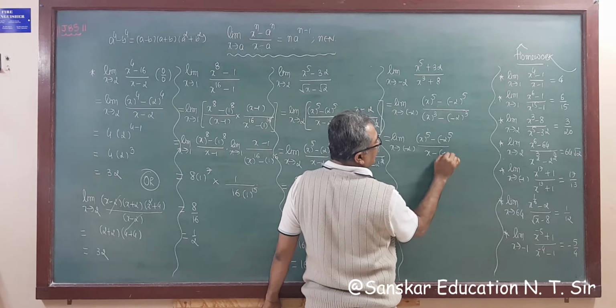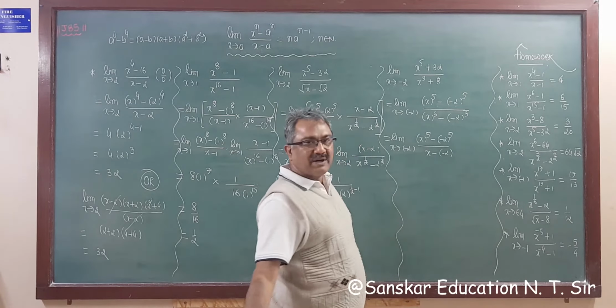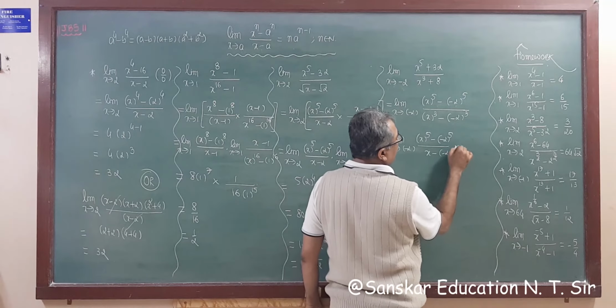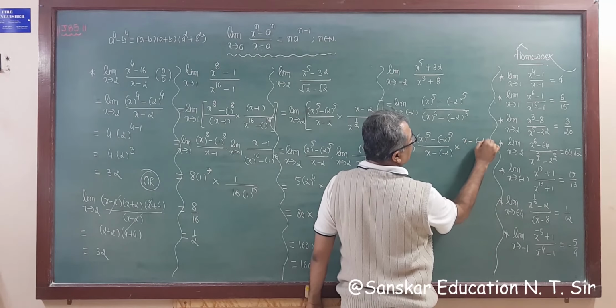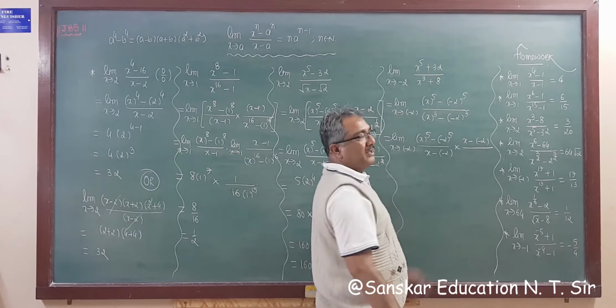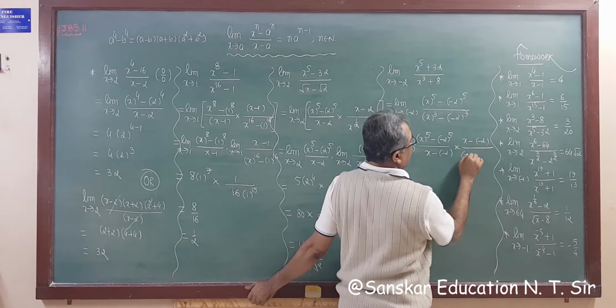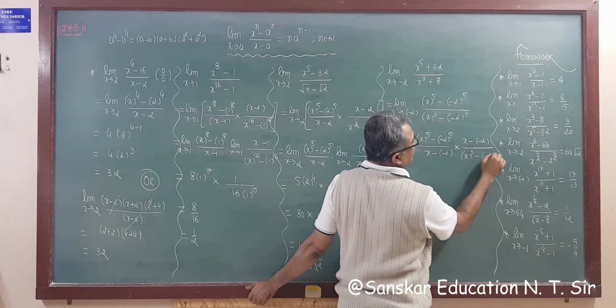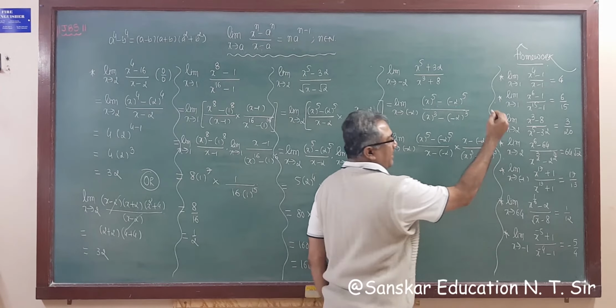I am multiplying by and dividing by x minus 2. So we have to multiply x minus 2 whole upon the remaining, that is x raised to 3 minus 2 raised to 3.